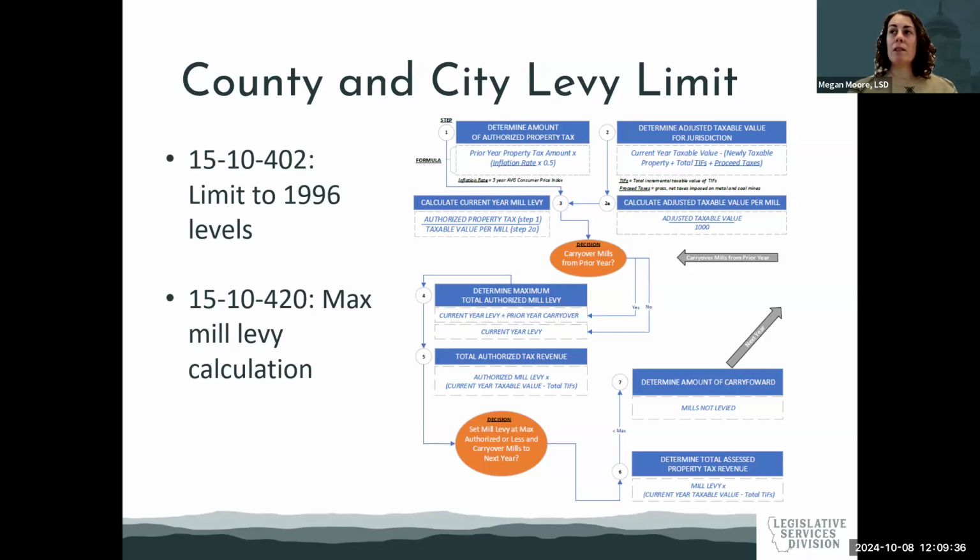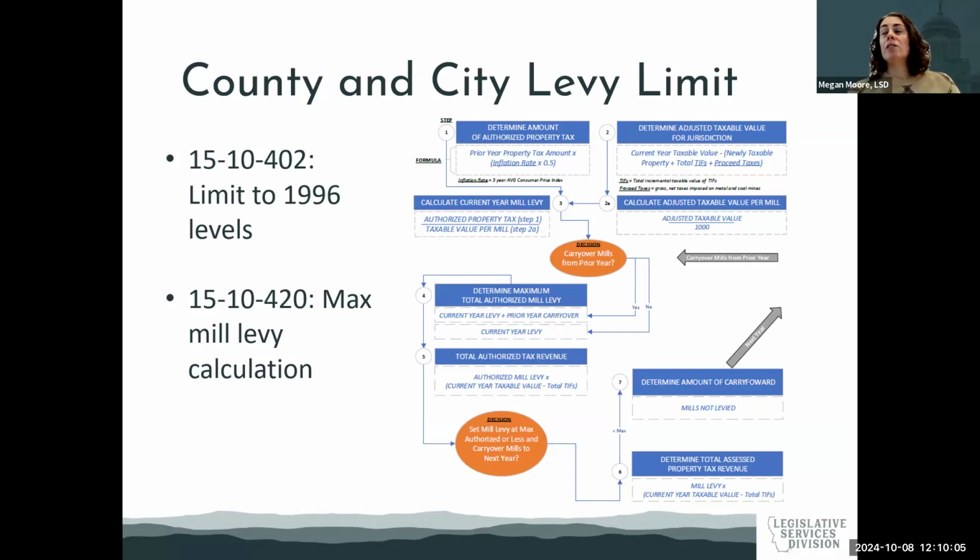So if we left that in there, it would be an inaccurate amount of how much revenue the local government actually receives. The third item that is removed is net and gross proceeds taxes imposed on metal and coal mines. This is only a factor in a limited number of communities. The reason that this is removed is because this revenue can be volatile and it prevents the number of mill levies from drastically changing from year to year.